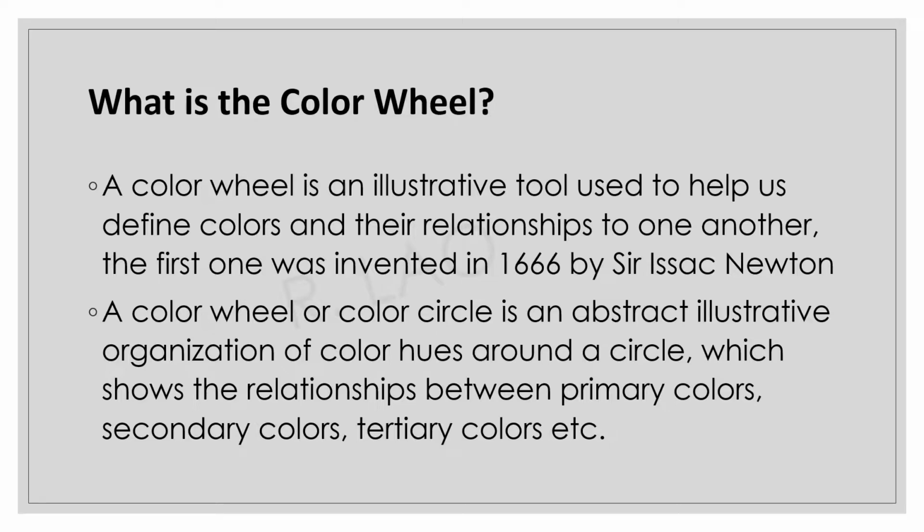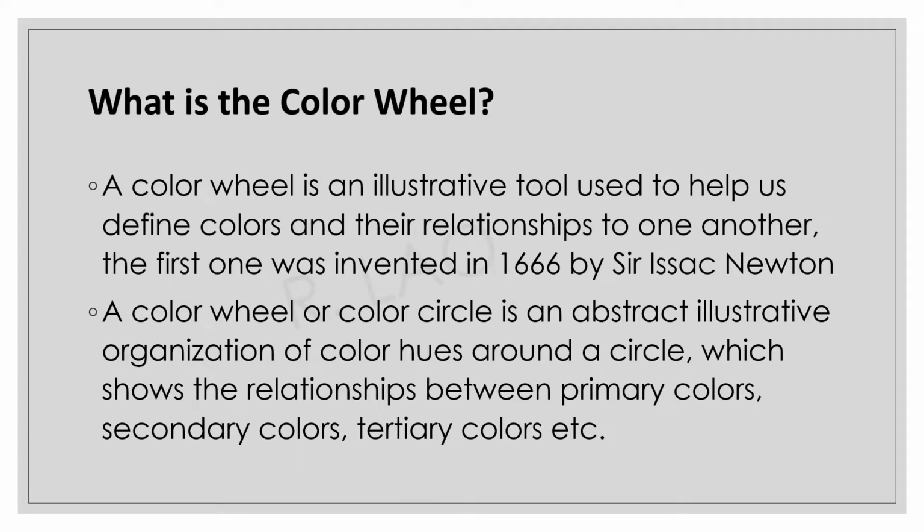The first one who invented the color wheel was Isaac Newton in 1666. Color wheel or color circle, its previous name, is an abstract illustrative organization of color hues. Hues means the name of a color.